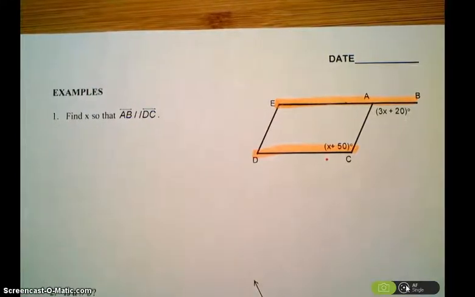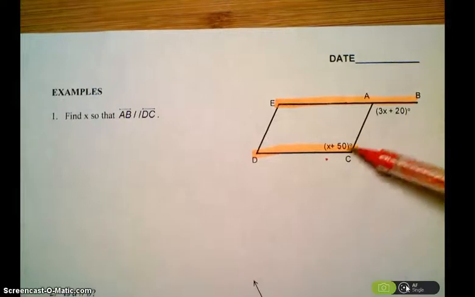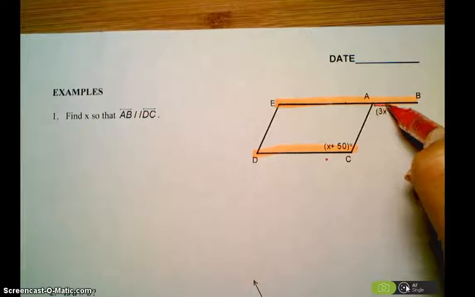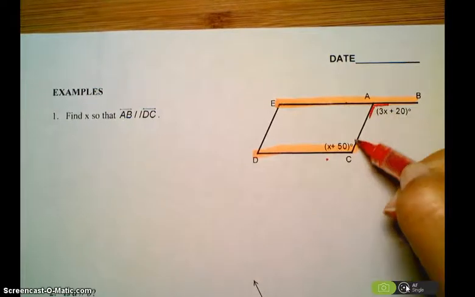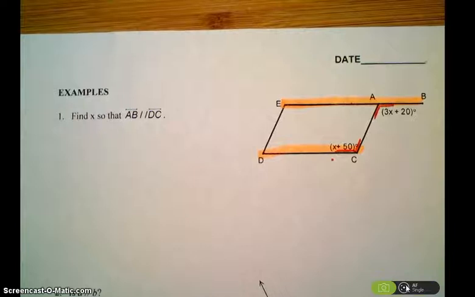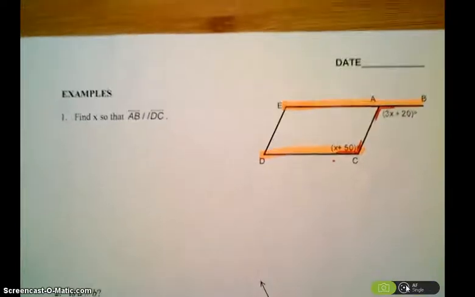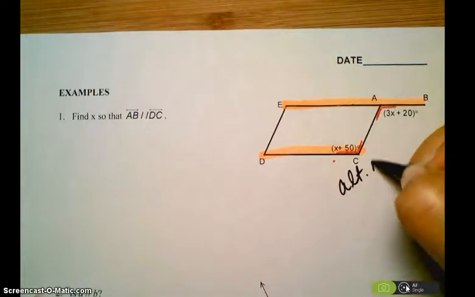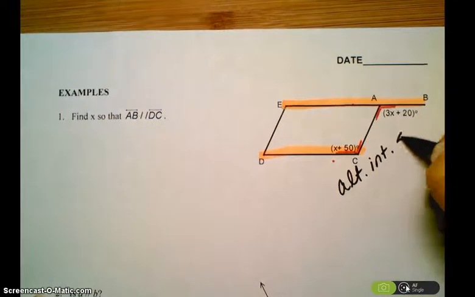So I look at the angles that have been highlighted and ask myself, what kind of angles are those? If we look carefully, you should be able to see the Z shape happening. Once that Z shape happens, that tells me that these 2 are alternate interior angles.